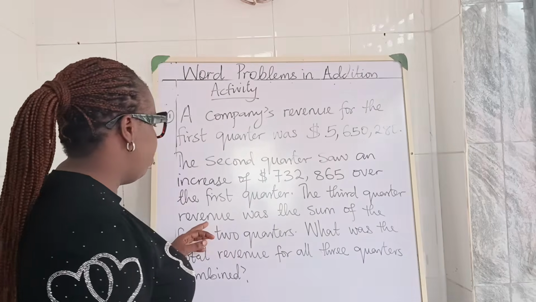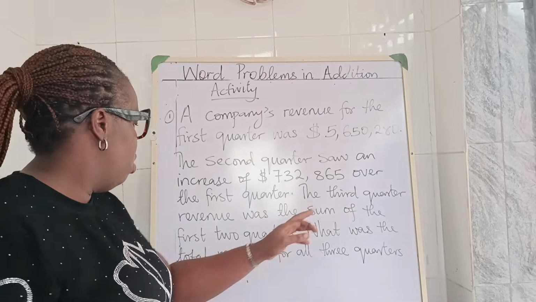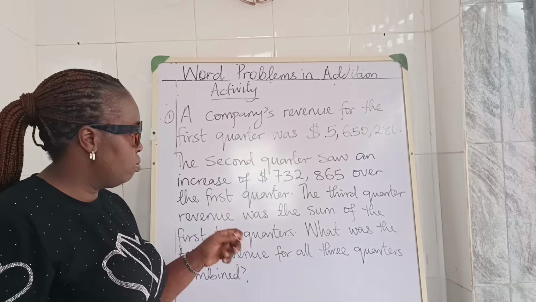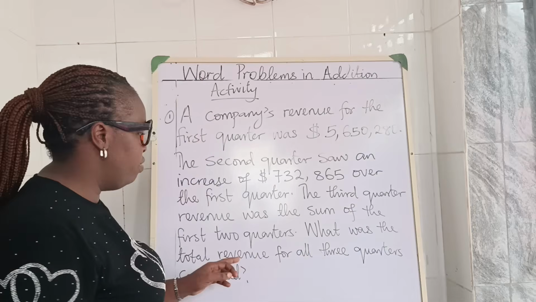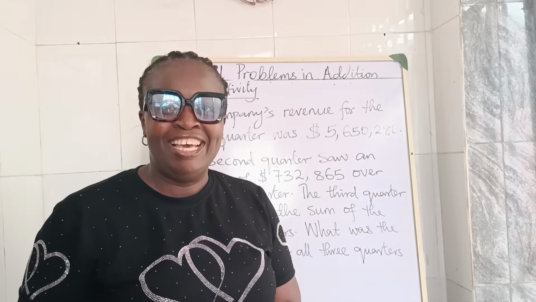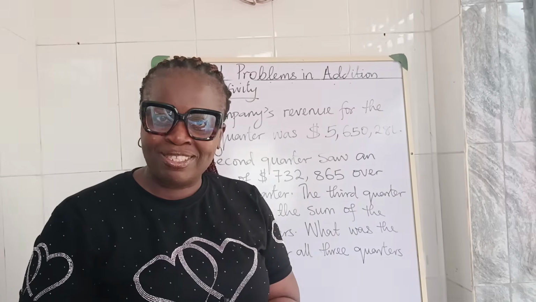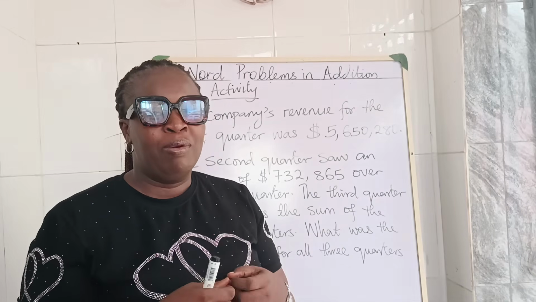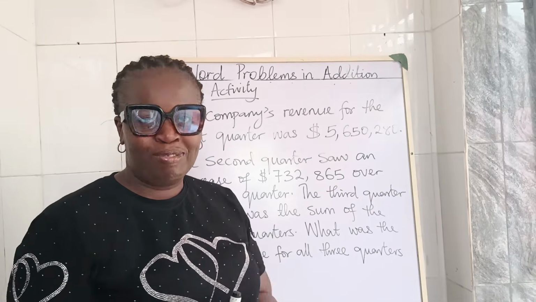The third quarter revenue was the sum of the first 2 quarters. Now the question says, what was the total revenue for all the 3 quarters combined? Remember, it's an addition question, but I want you to reason before you can put it together.